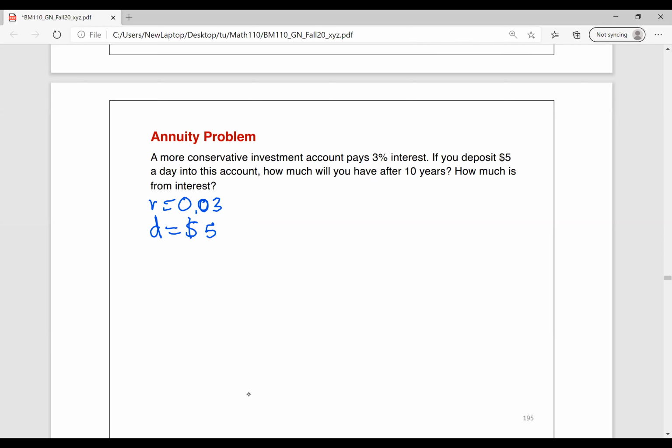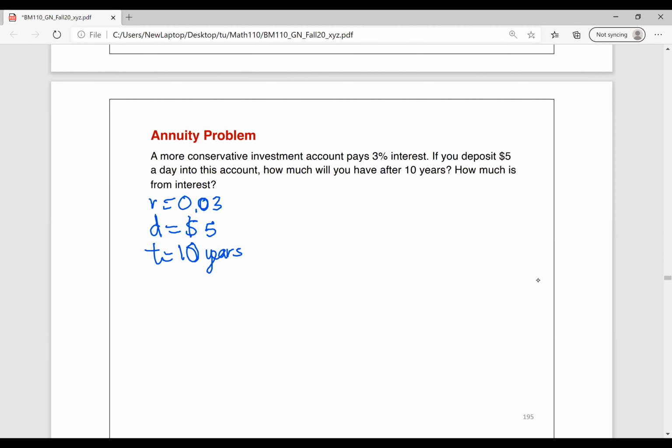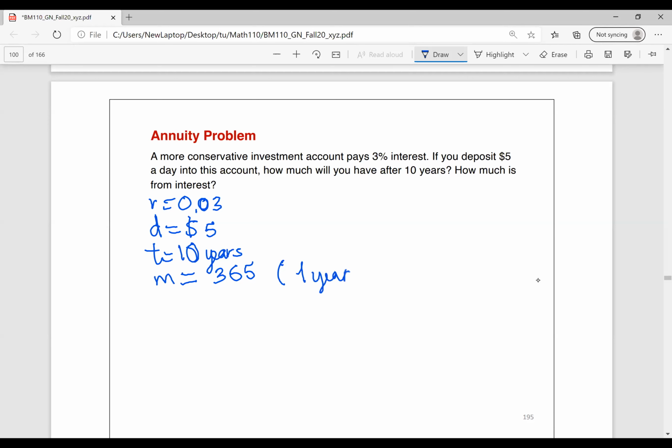So T in this case is 10 years. Because we are depositing $5 a day, this should also be compounded daily, so M equals 365. I assume 1 year equals 365 days.